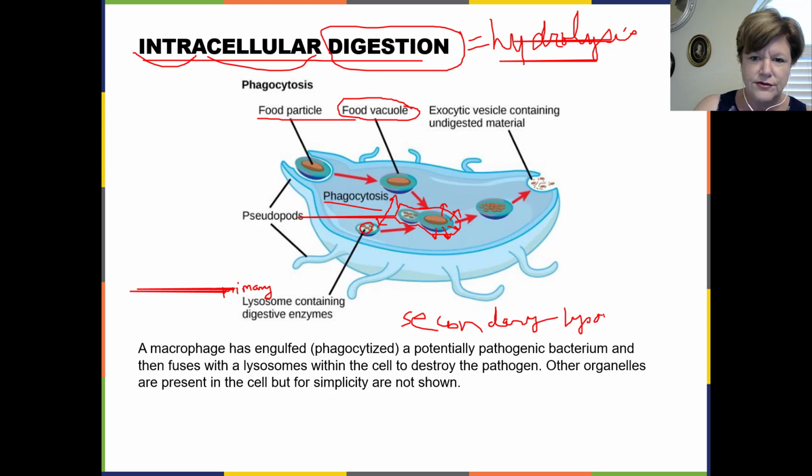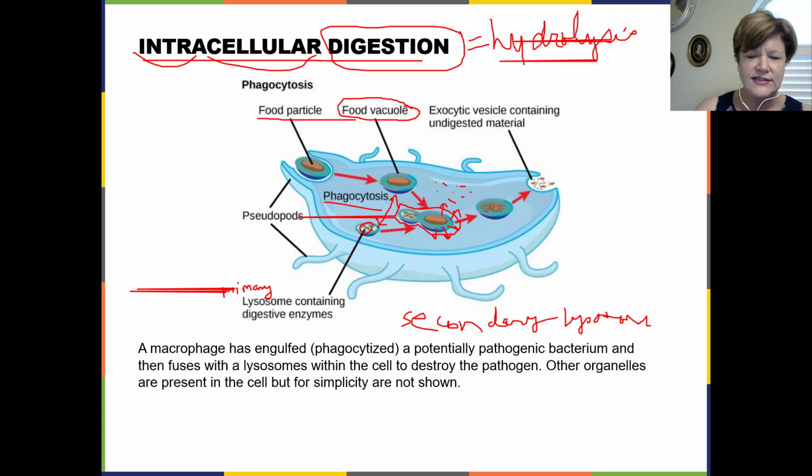And that's what you get when it fuses with the food vacuole. But anyway, after the monomers are produced from the macromolecules, the monomers are allowed to leak across the membrane into the cytosol. So the secondary lysosome allows the monomer units to leak out.